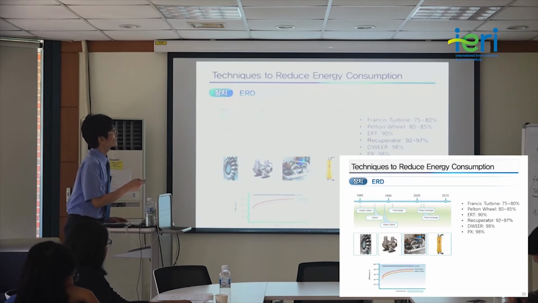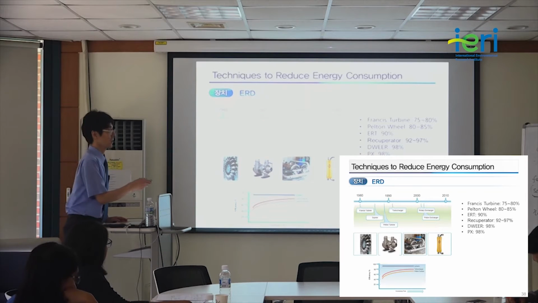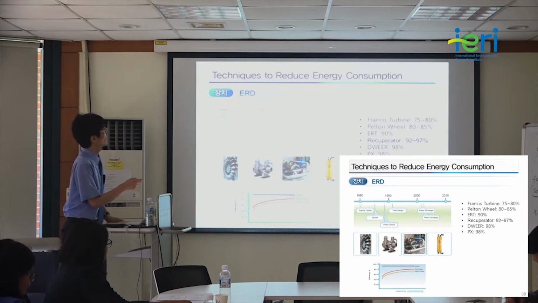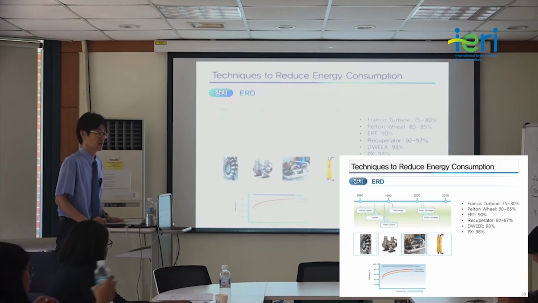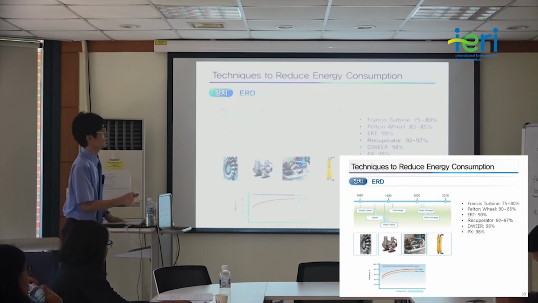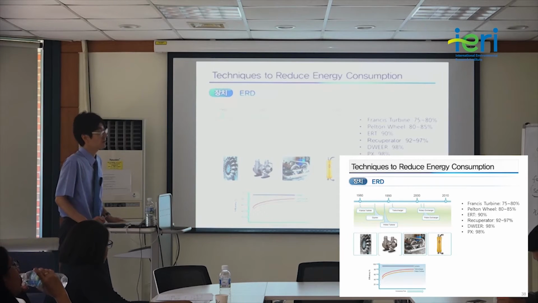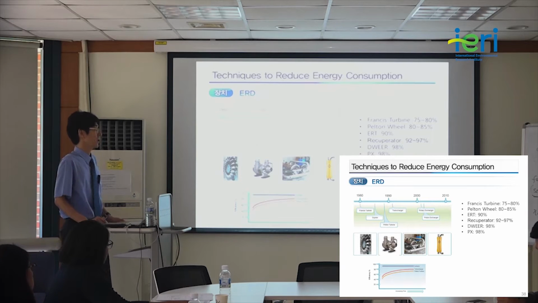Depending on the type, the energy recovery efficiency changes. For example, the Francis turbine, which is a very old energy recovery device, only has a recovery efficiency of 75 to 80%. On the other hand, modern energy recovery devices such as PX or Dewar have an energy recovery efficiency of 98%.